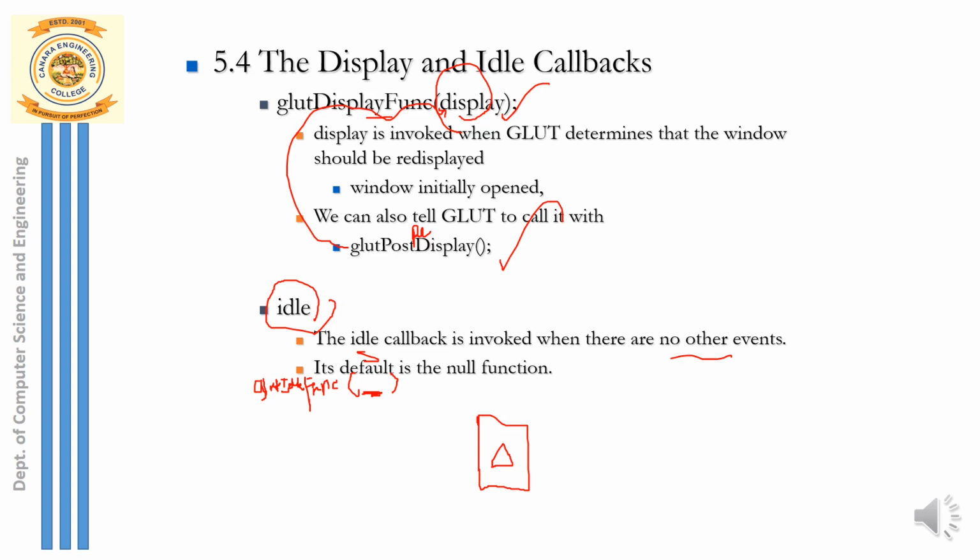The moment I execute the program, my triangle should start spinning without any mouse click, without any keyboard press. The screen will be idle, and when the screen is idle, my triangle should be continuously spinning. So that function is the spinning of the triangle. This is actually the idle callback function.